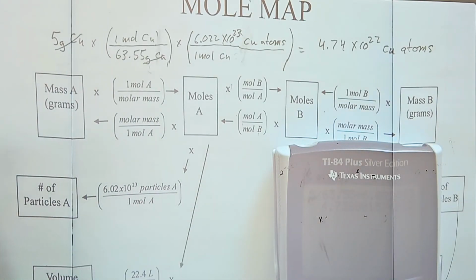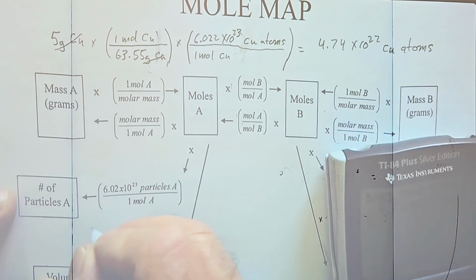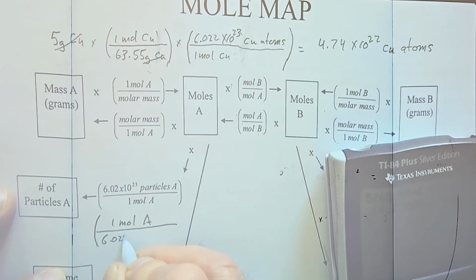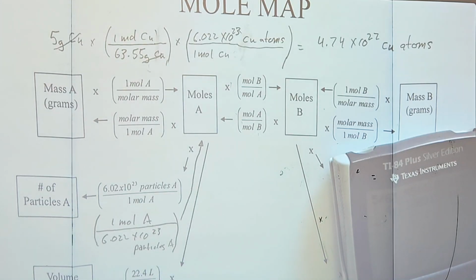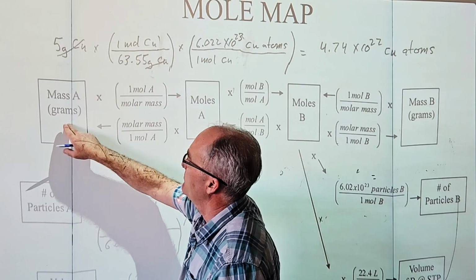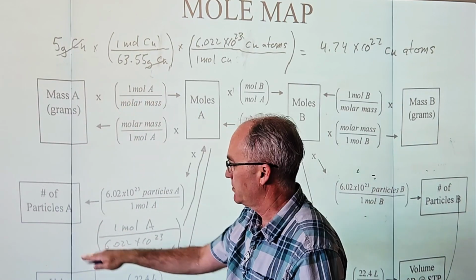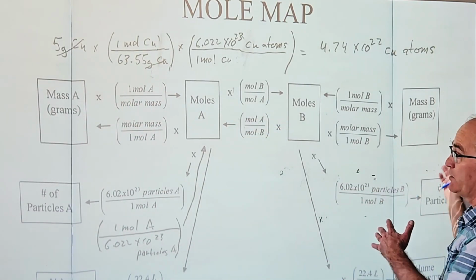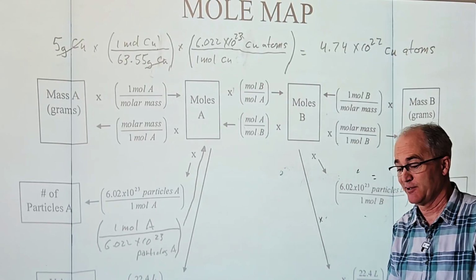How many of you want to upgrade your mole map? We can put 1 mole of A, 6.022 times 10 to the 23rd particles, and that will take us in that direction. So we can have particles and find moles, and we can find mass, or we can go mass, particles, or we can go to other reactants and products.